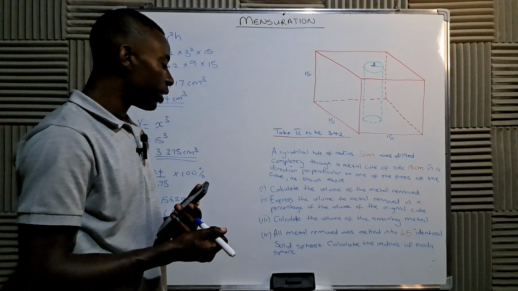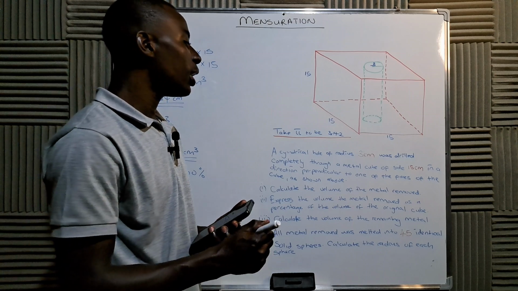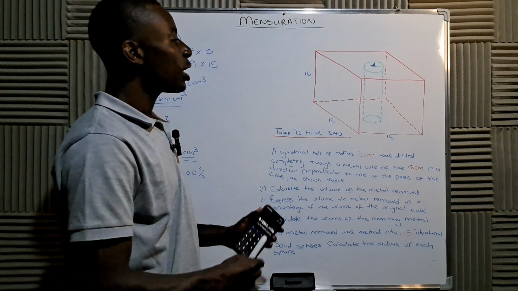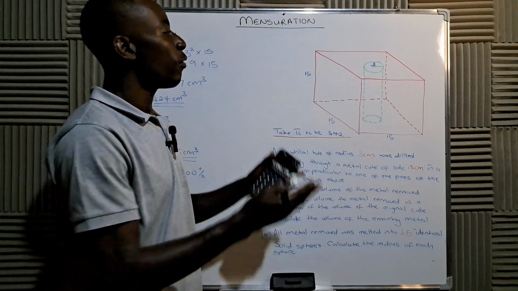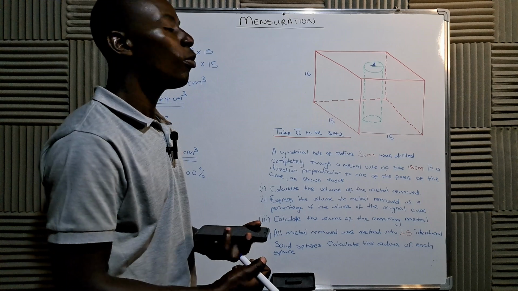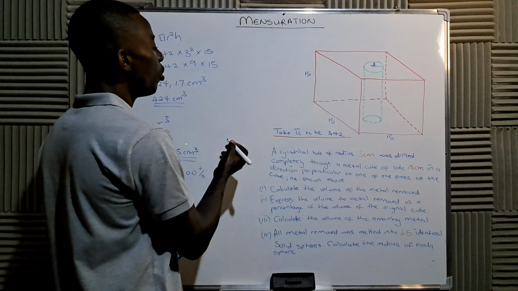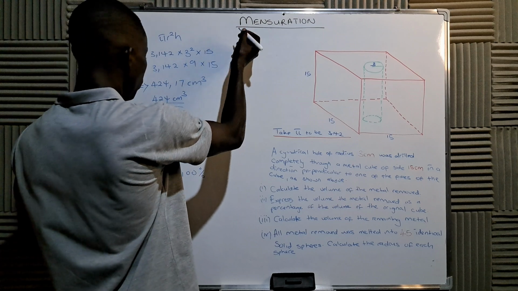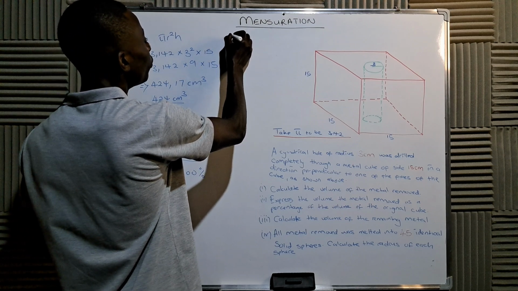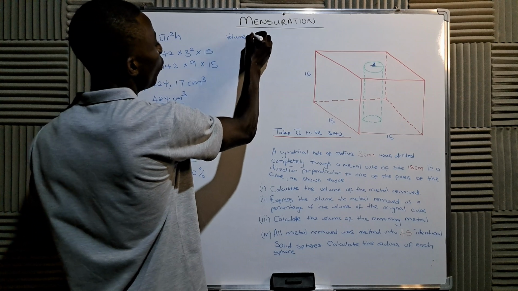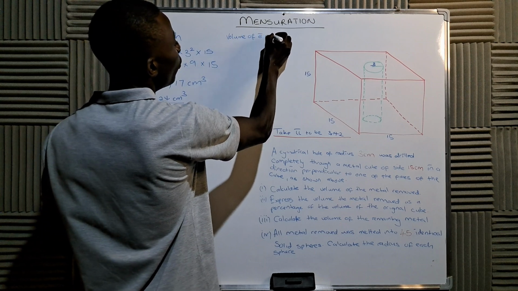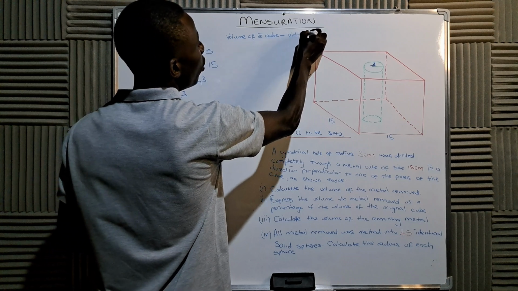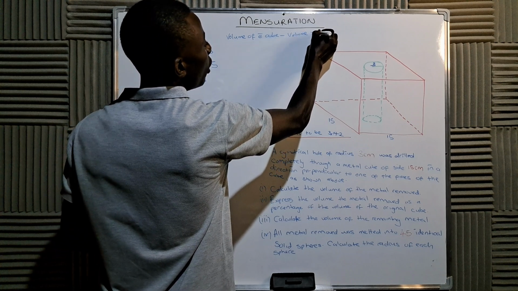And the part 3 says calculate the volume of the remaining metal. So to get the volume of the remaining metal, you subtract the volume of the removed part from the volume of the whole cube. So let me write the formula here. So we say the volume of the cube minus volume of the cylinder.